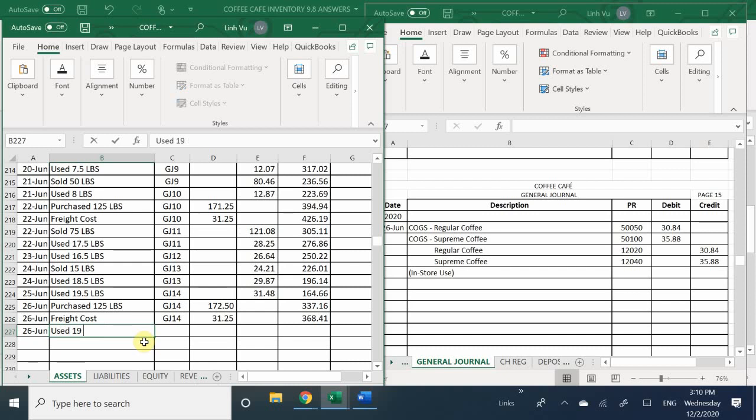Use 19 pounds. Equals. Bringing our total to $399.25.